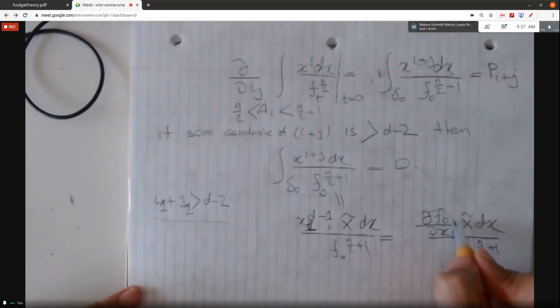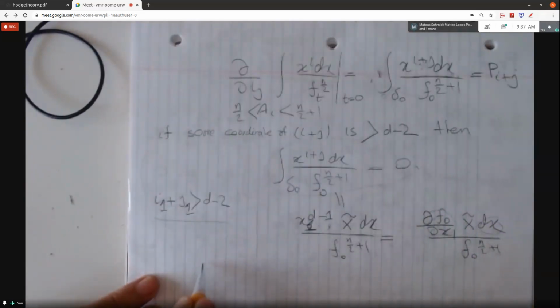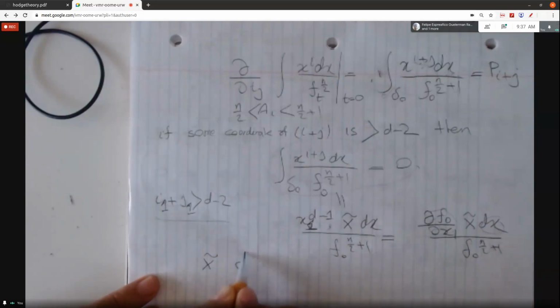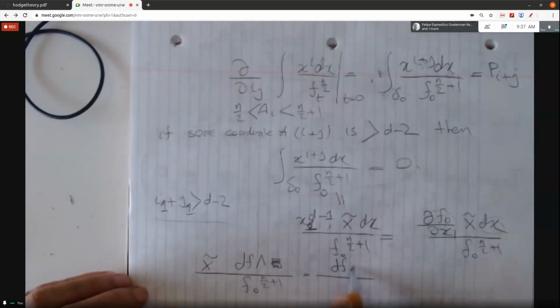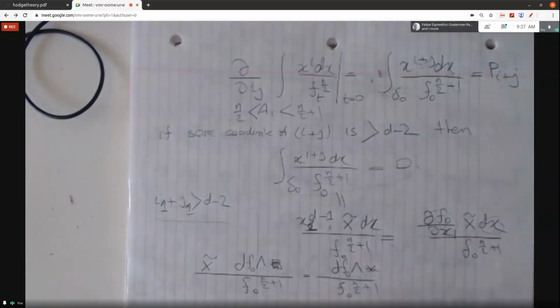But you can gather this one, then there is some monomial, df wedge something, f0 n half plus 1. At the end, you will get df0 wedge something, and then f0 n half plus 1. And remember that in one of the courses I told that if you have df0 wedge something, you can reduce the pole order. And maybe I write the formula.